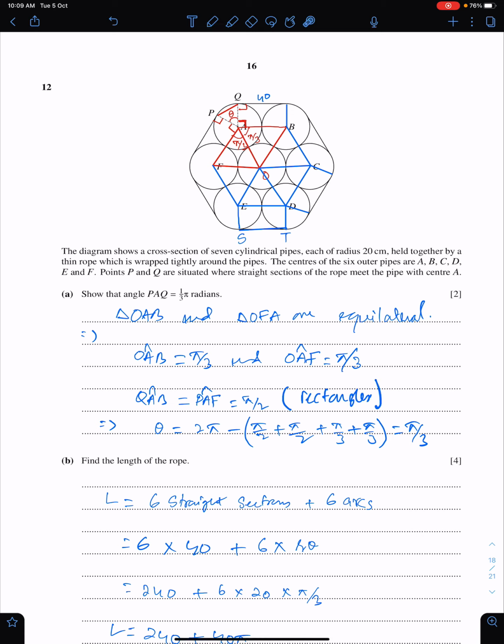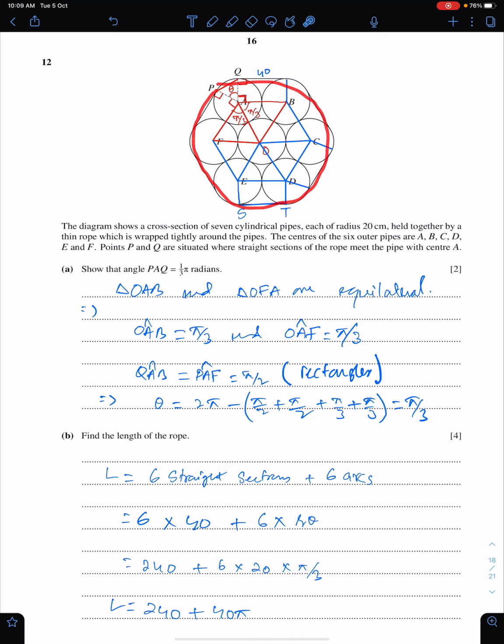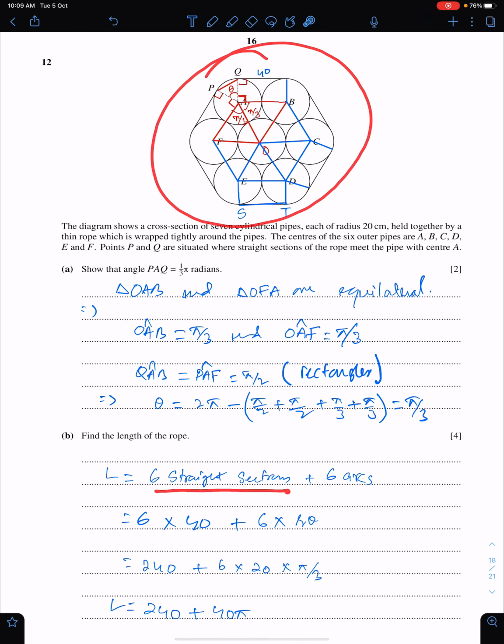Next point, find the length of the rope. We need this outer length. So we have 6 straight sections. See, 1, 2, 3, 4, 5, 6. So this length consists of 6 straight sections and 6 arcs.